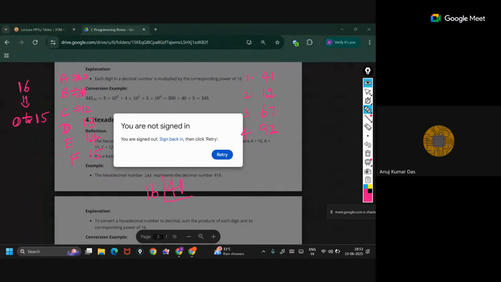We'll get 2. And what is the remainder then? 9. Yeah, because 32 plus 9 gives 41. So now I have to write it as 2 and 9, to the base of 16.